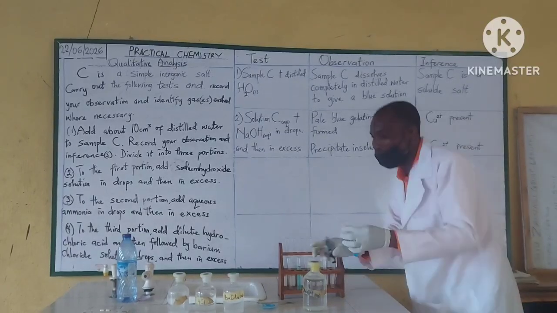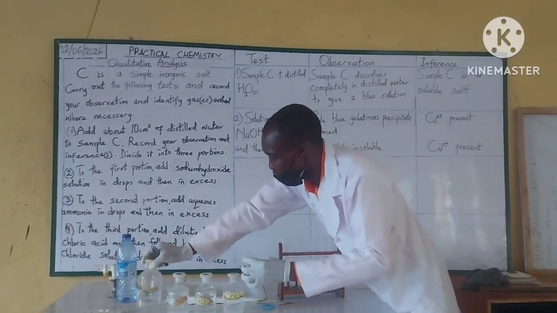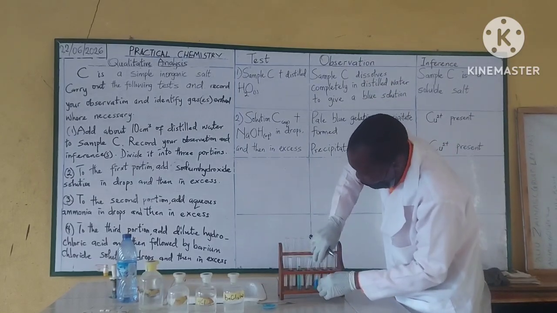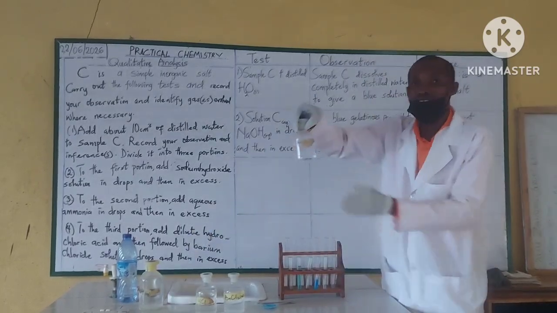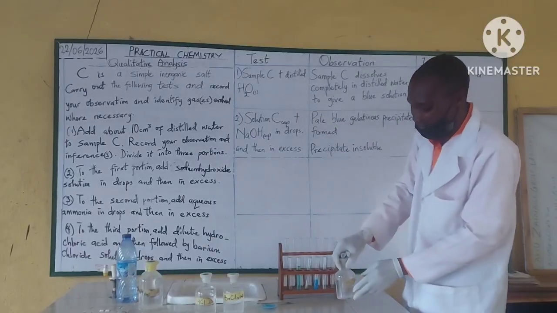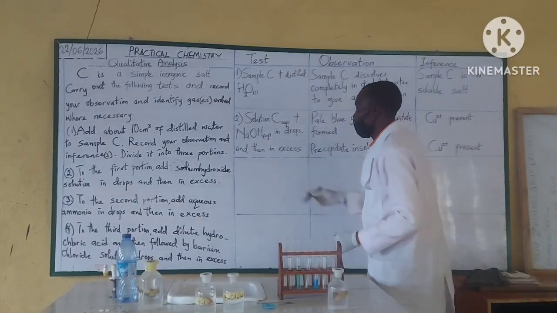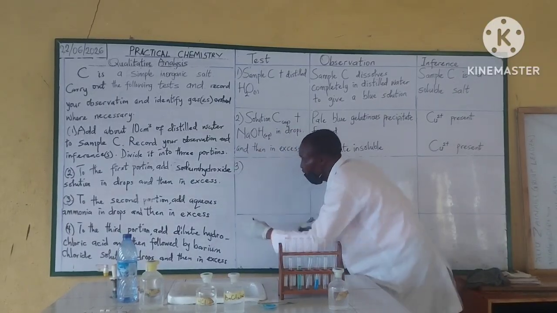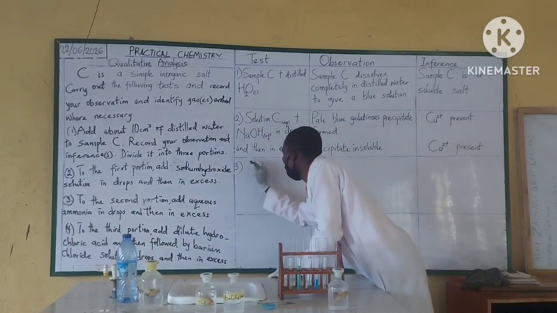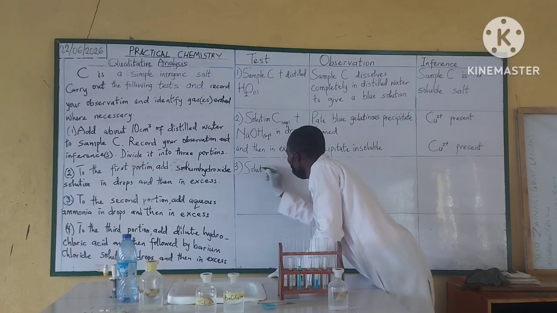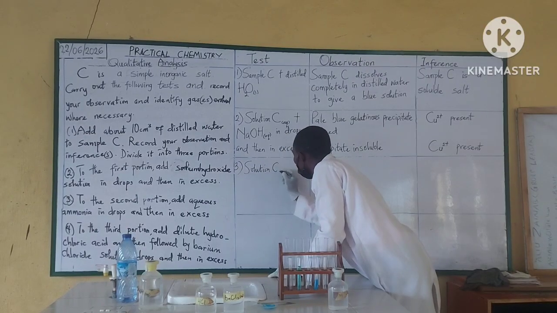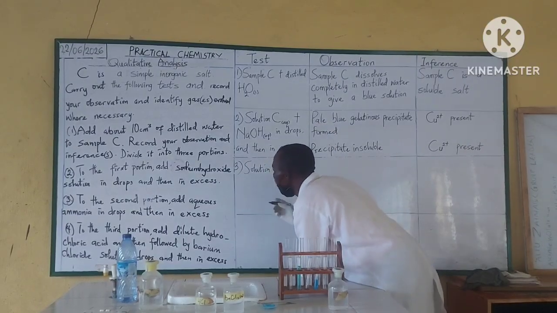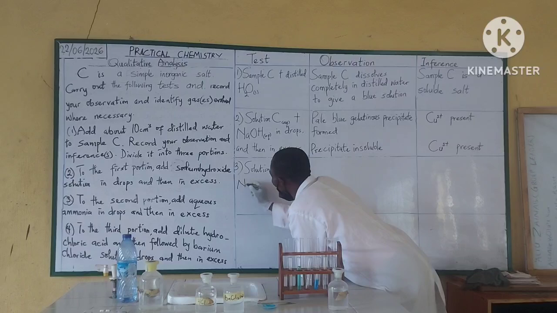We are done with sodium hydroxide. Now we are moving to another solution, called aqueous ammonia. That's the second step. To the second portion, we have to add aqueous ammonia. Now say solution C as usual: solution C plus aqueous ammonia.